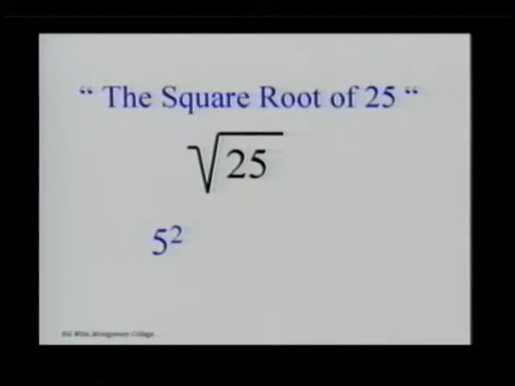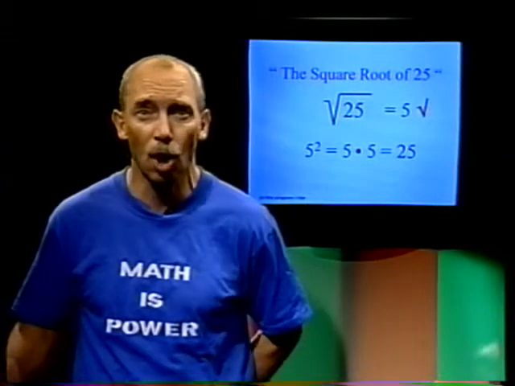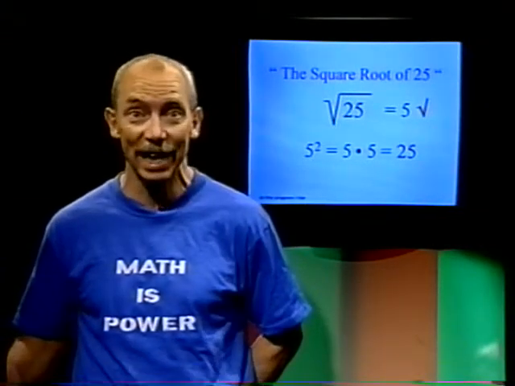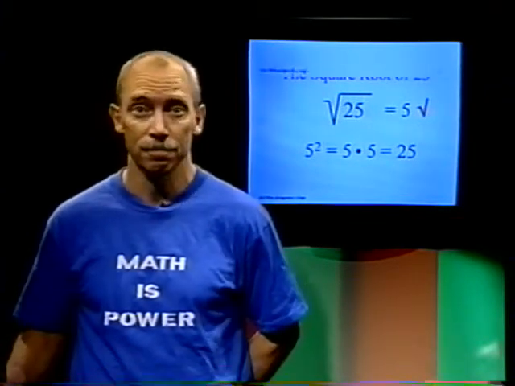Well, it is, because 5 to the 2nd, hence the term square, 5 squared ends up being 25. So the square root of 25 is 5 for that reason, because if we square it, we get 25. The way to get 25 by squaring a number would be 5.